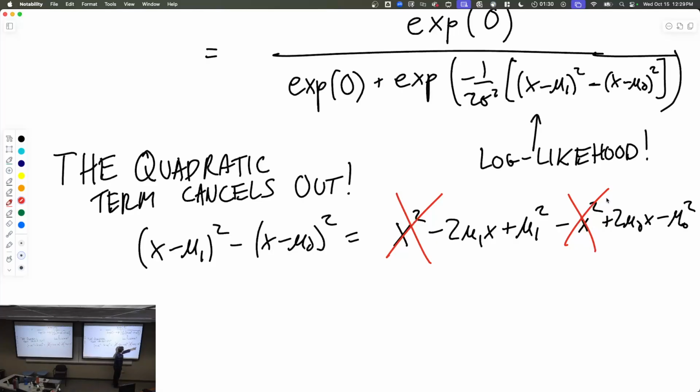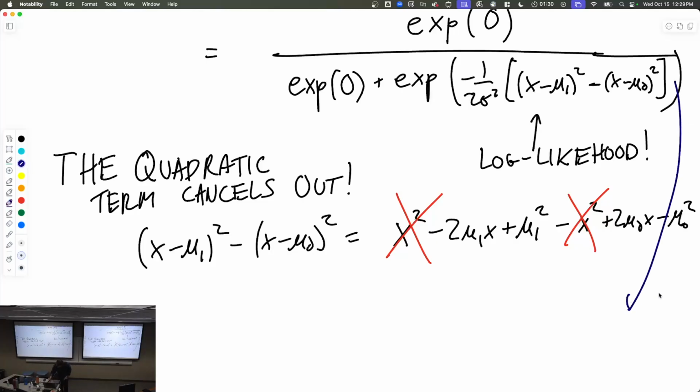So what are we left with? There's some constant factor mu1 minus mu0. The dependence on x is linear. There's x, and then it's the difference between the mu1 and the mu0. Not only that, there's a factor of 2, and there's a factor of a half over there. Those will cancel out. So what do we end up with?